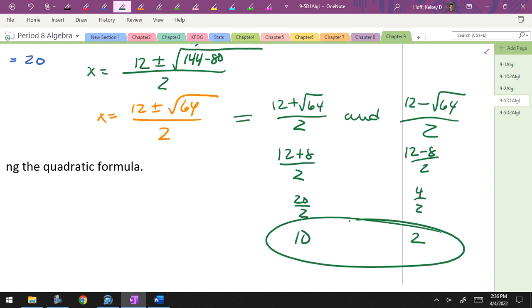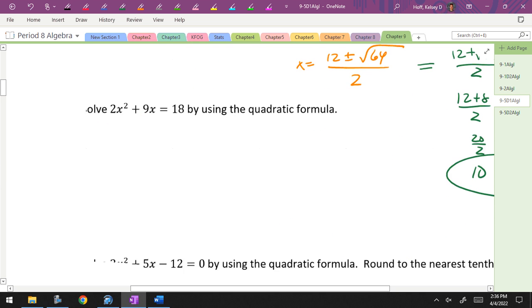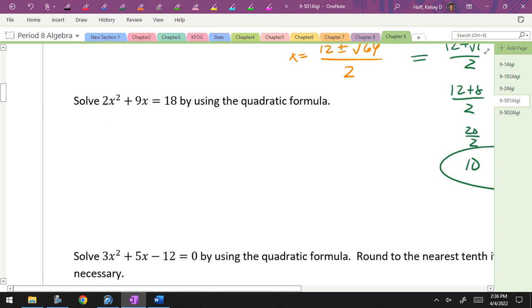And you're like, this isn't really entertaining, Ms. Hoff, that we did this because I could have graphed that and gotten that answer. There. You're right. You could have. So let's do it again. Solve 2x squared plus 9x equals 18 by using the quadratic formula. Step 1. What do I got to do?